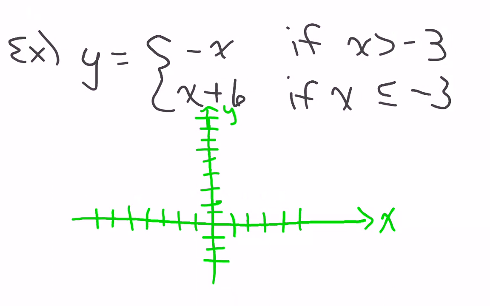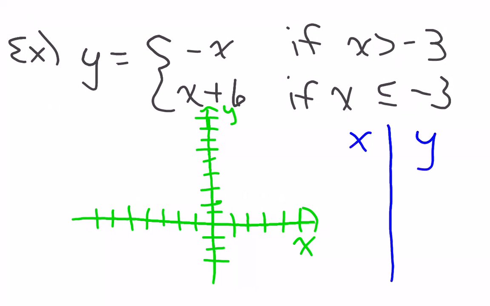Okay. So what does this look like? Well, we need to have some sort of table of values here, so we can really see where we're graphing. We need some points to graph. So let's go ahead and do that. Our table of values is going to look like so. We have x and y.